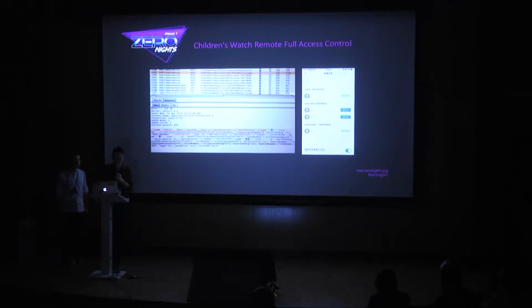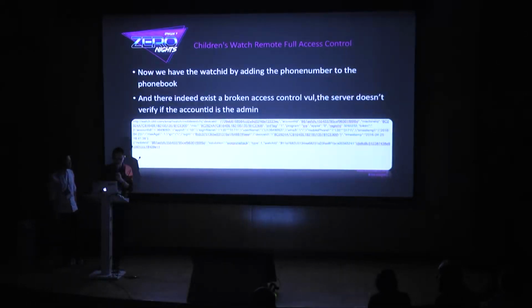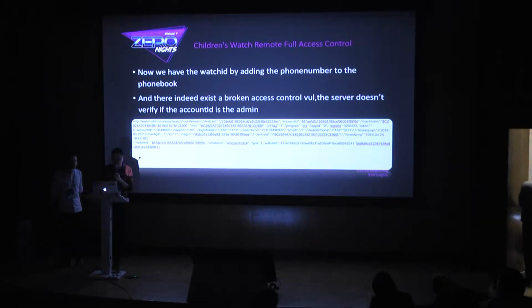So now we have the watch ID by adding the phone number to the phone book. And there indeed exist broken access control vulnerabilities. The server doesn't verify if the account ID is the admin. We can send this packet to the server, and now we can get remote full access control of the kid's watch.